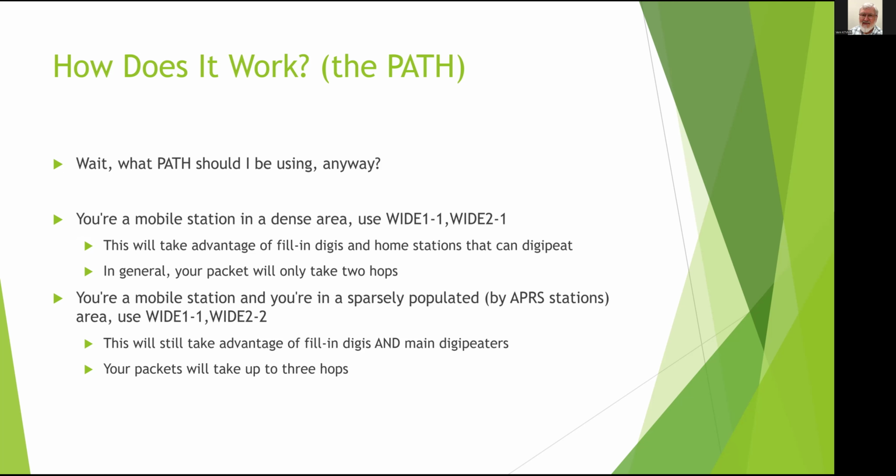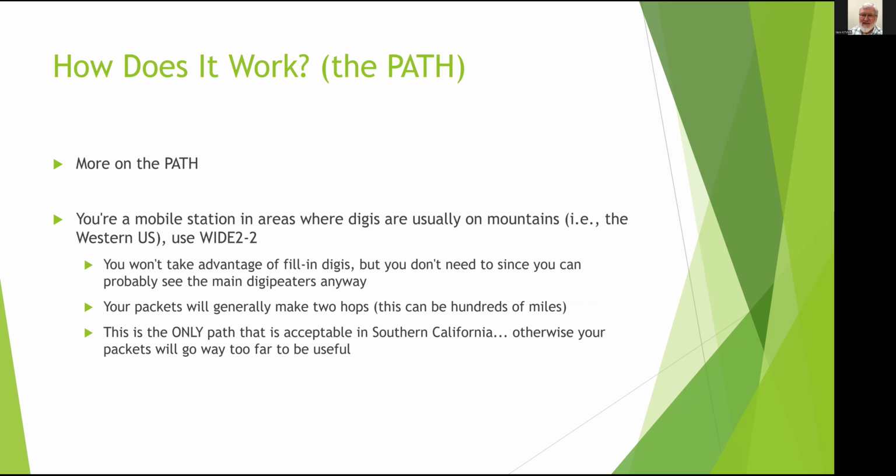Basically, the idea is the main digipeaters may not be able to see my 5-watt HT or my 1-watt Pico APRS device, but a local digipeater, local to where I am, might be able to hear it. And so that is considered a fill-in digipeater. It will pick me up as a low power device and transmit me with higher power that the main digipeaters will pick up. You'll see the diagram or the animation in a minute.